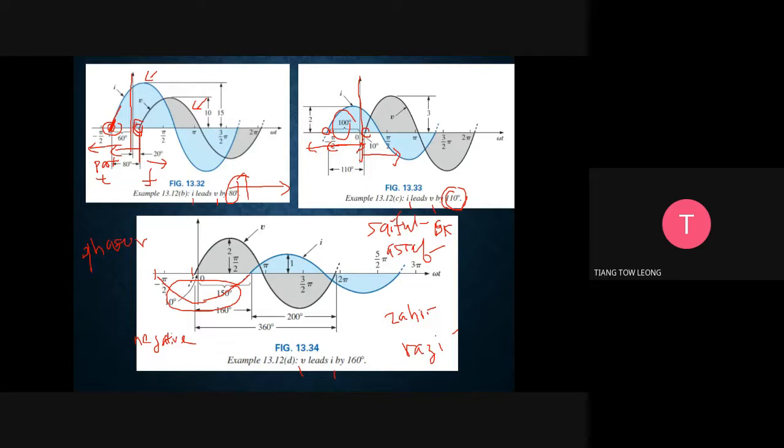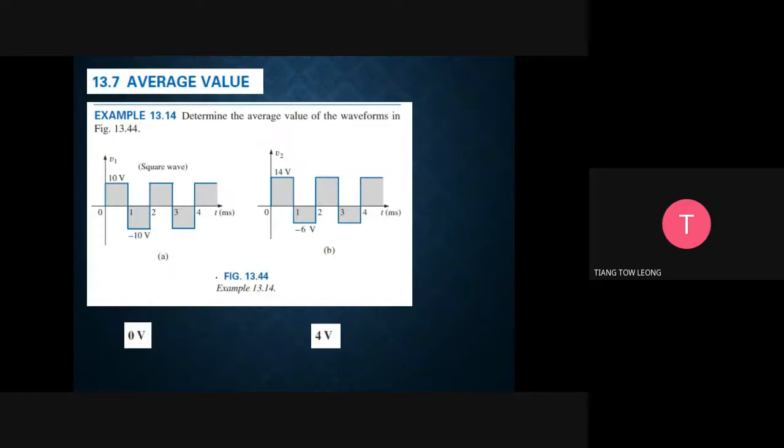We are looking at the positive plane. So this is positive versus positive. From here it's very obvious: V touches first and then I. So V leads I by 160 degrees from here to here. So this is how we see I lead V or V lead I.